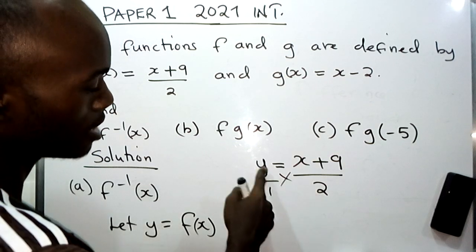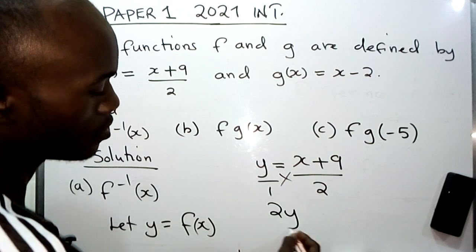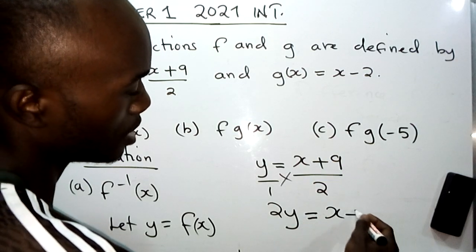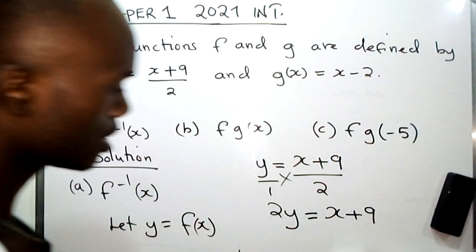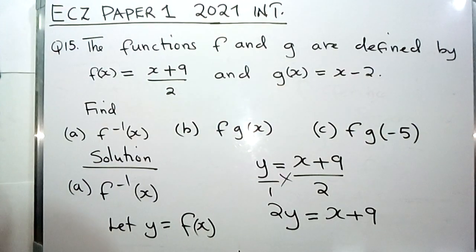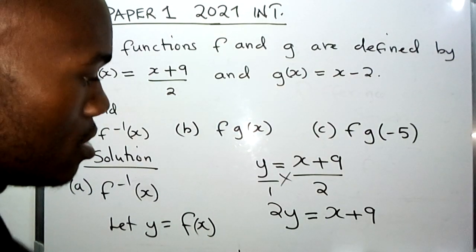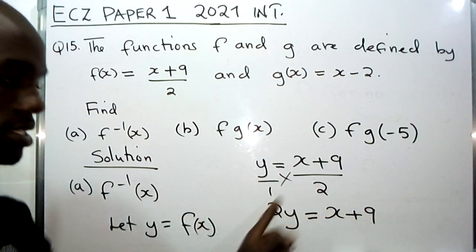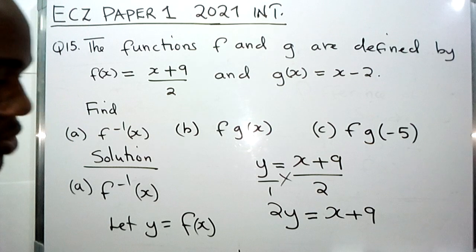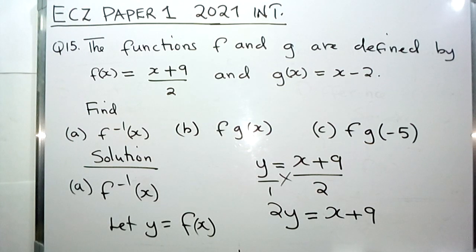So 2 times y will just be 2y, equal to 1 times x plus 9. Now after we have done this, we are going to take this 9 to the other side of the equal sign, so that we remain with x alone, and that's what we want. So let's see what we are going to have.